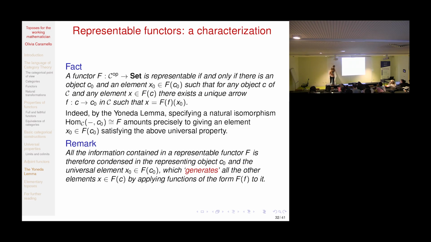So in any concrete mathematical situation where you have functors that carry a significant amount of information, it is very important to wonder whether they are representable, to try to represent them, possibly by extending them to suitable categories, because if you work with restricted categories, you will not have representability. It's very rare that a random functor that you take is representable.